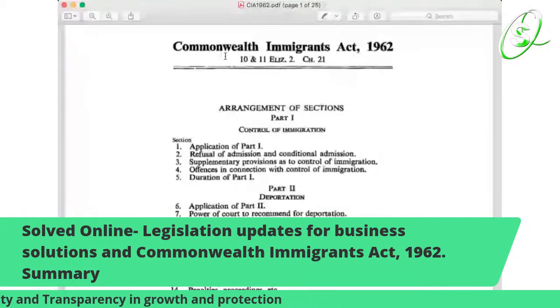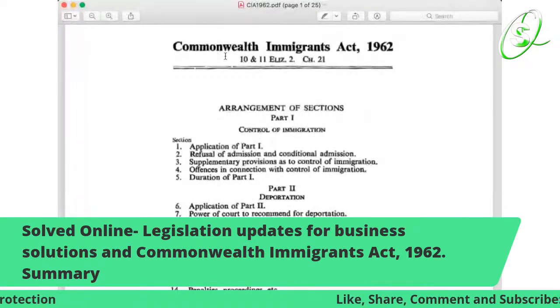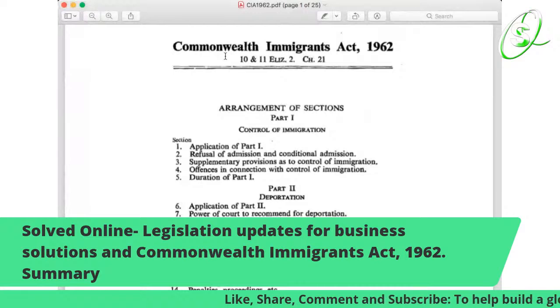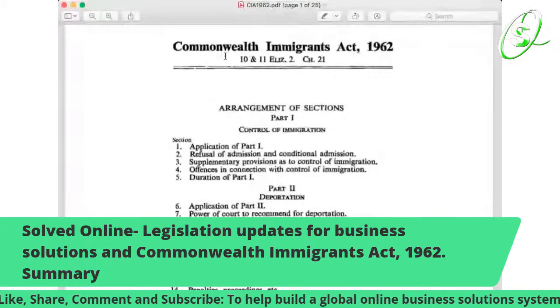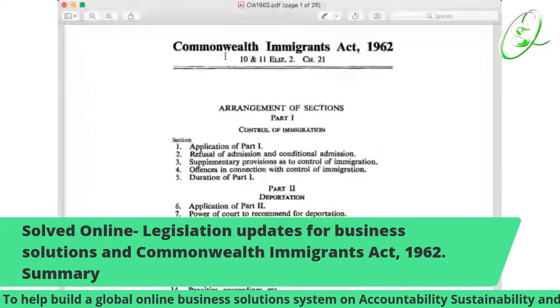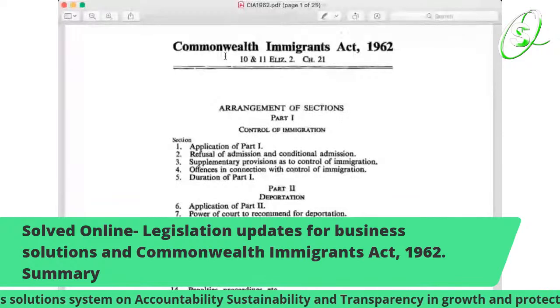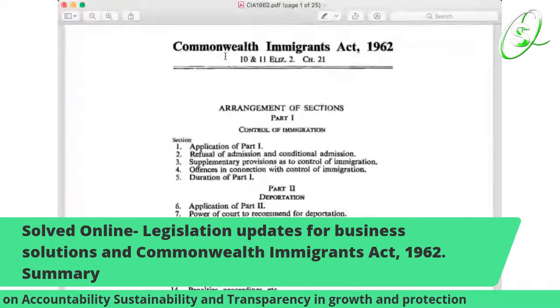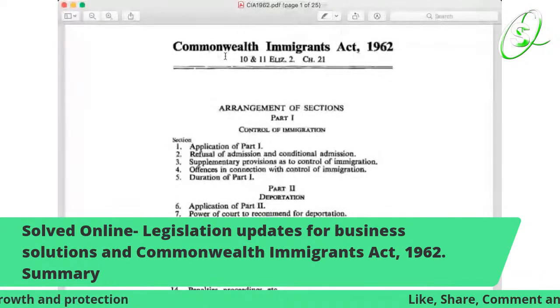So they created a Commonwealth where everyone who is a British possession, subjected to the king, is able to come within the realm through the Commonwealth. That's when the Commonwealth is created. That's why you had so many different countries that are a part of the Commonwealth.